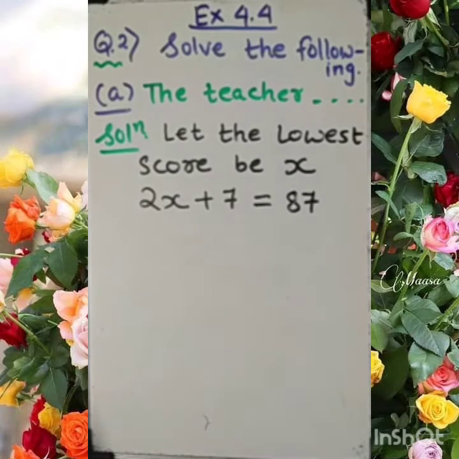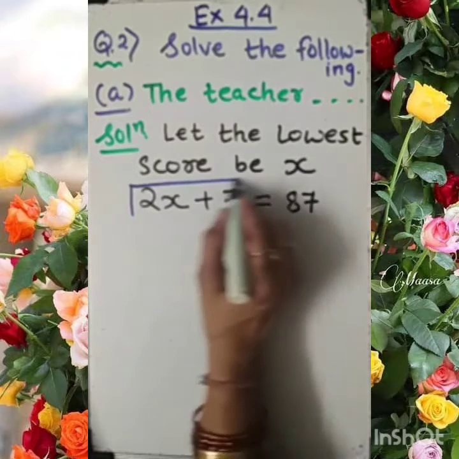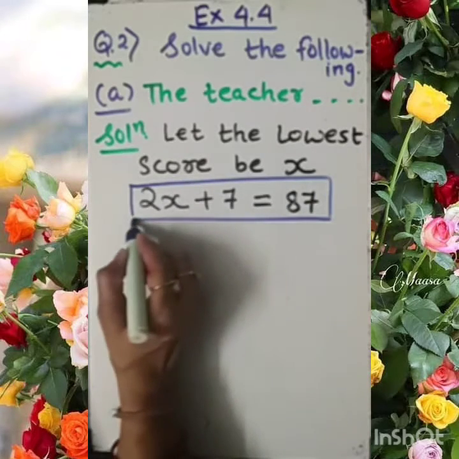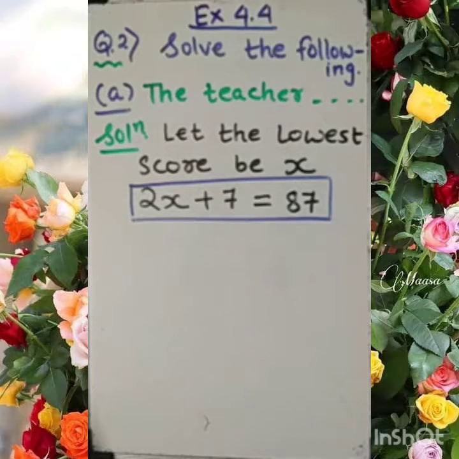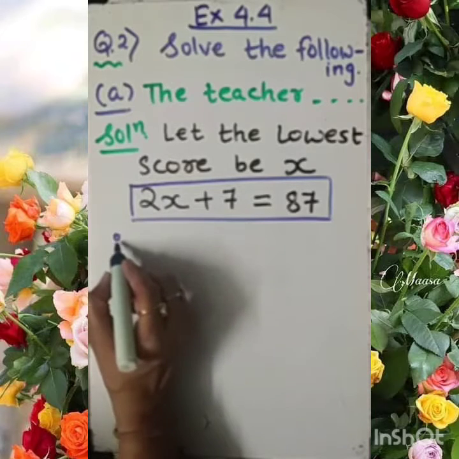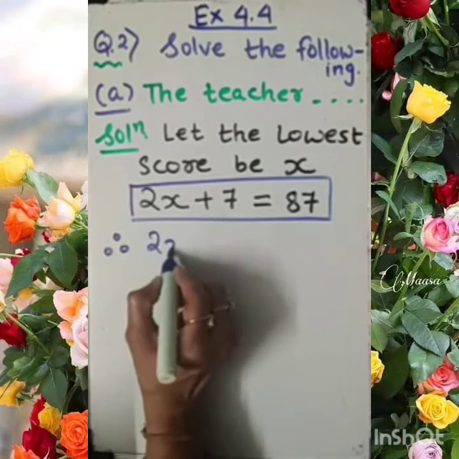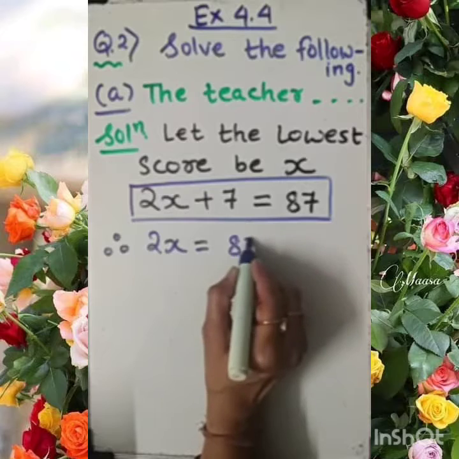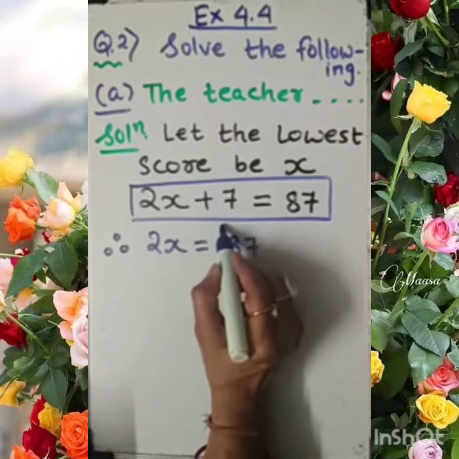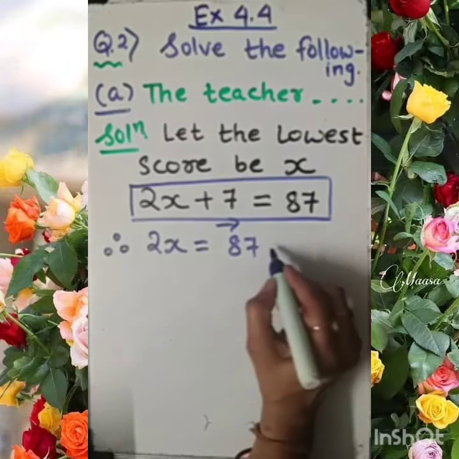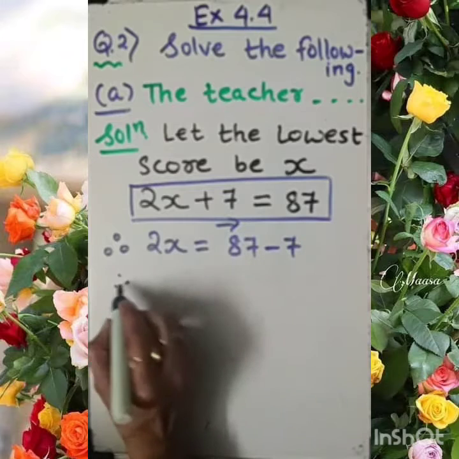So my dear student, this is the equation which we have formed through the given details in the question. The equation is now 2x plus 7 equal to 87. Now let's solve it. Therefore, the sign is compulsory. 2x equal to, now I am transposing this 7 to the right side, so it will become minus 7.